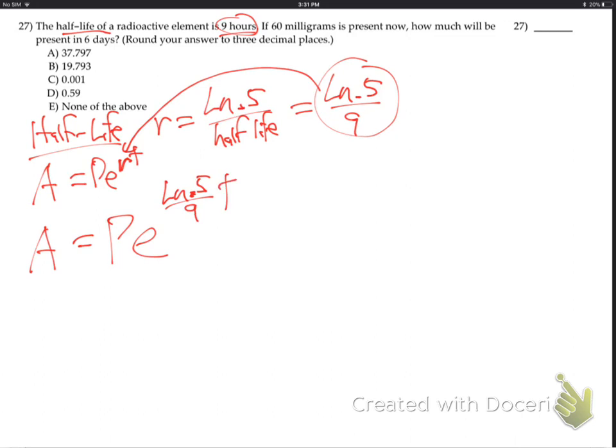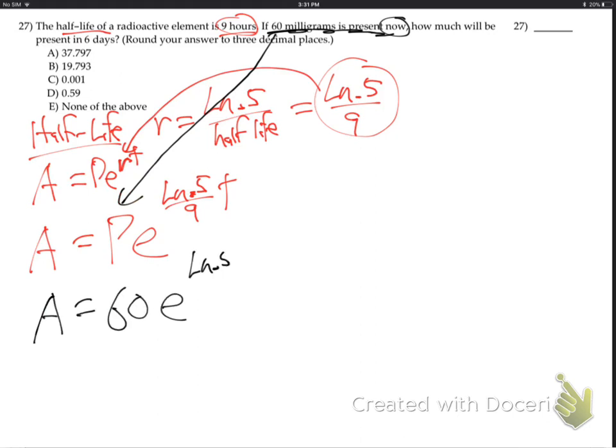All right, and now it says 60 milligrams present now. That means P is 60. So A is 60 e to the ln 0.5 over 9 t. And they say how much will be present in 6 days. Careful here. Days is not the same time units as hours.